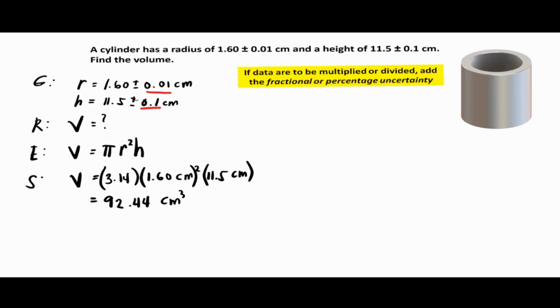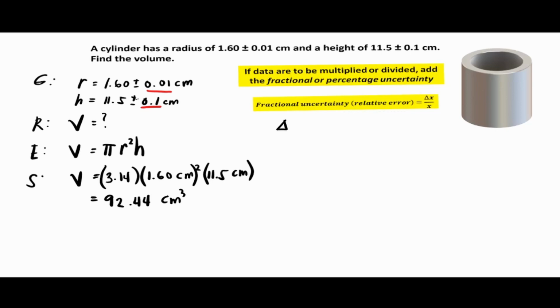So here we have given uncertainties. Again, if data are to be multiplied or divided, we add the fractional or percentage uncertainty. Our absolute uncertainty for the volume can be calculated using the equation: fractional uncertainty of our volume is equal to the fractional uncertainty of radius, delta r divided by r, plus another fractional uncertainty for our radius, because in our equation we have to take the square of our radius, delta r divided by r, plus the fractional uncertainty of our height, delta h divided by h.